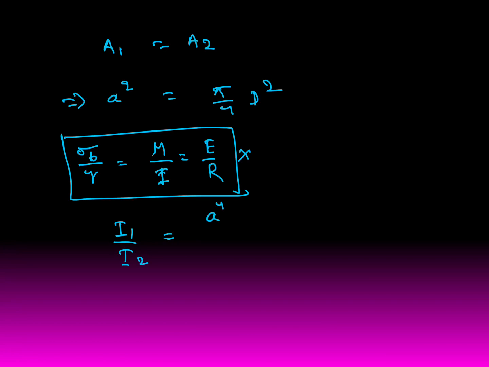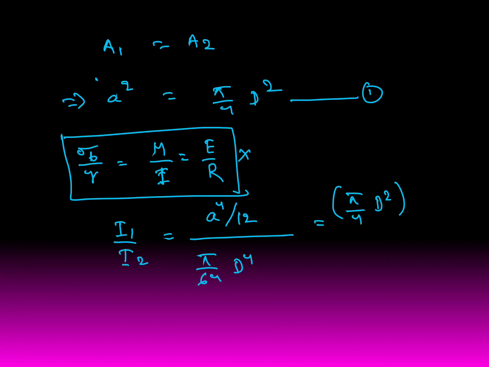For square it's A to the power 4 divided by 12, and for circle it's pi by 64 D to the power 4. A squared is from equation 1 pi by 4 D squared. So here A to the power 4 you can write as pi by 4 D squared, whole squared, divided by 12, divided by pi by 64 D to the power 4.